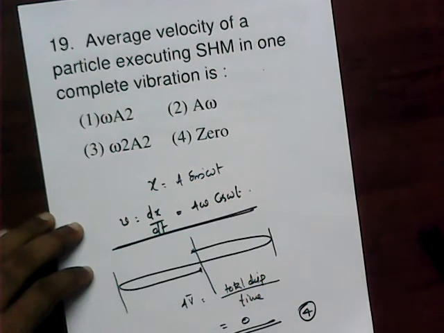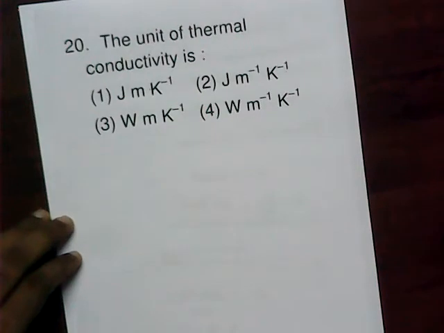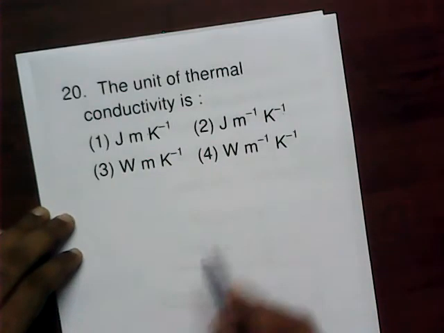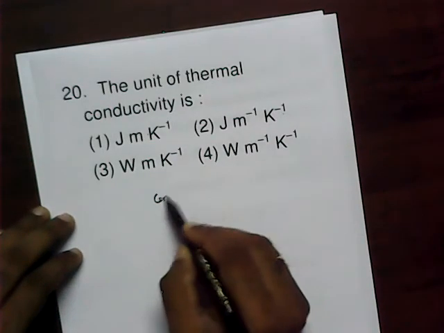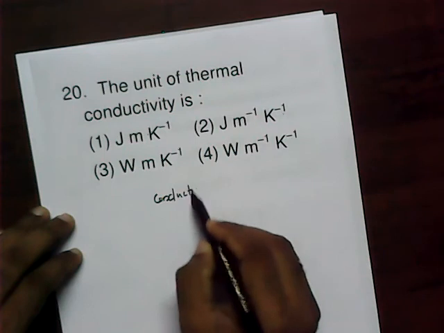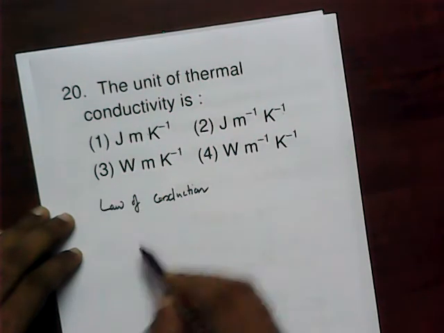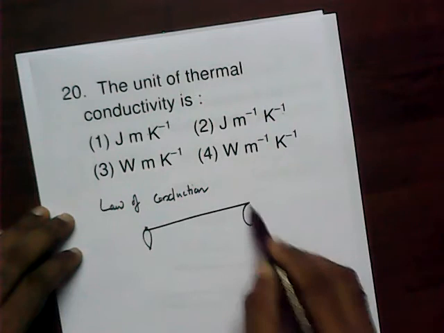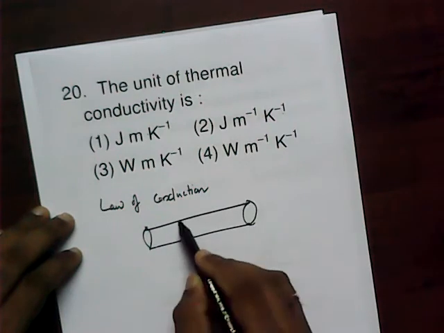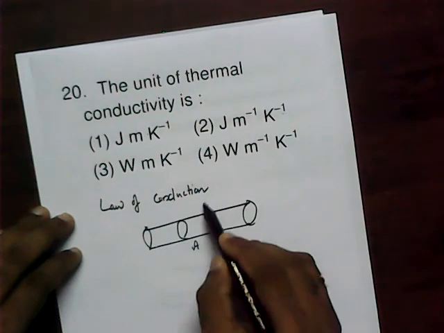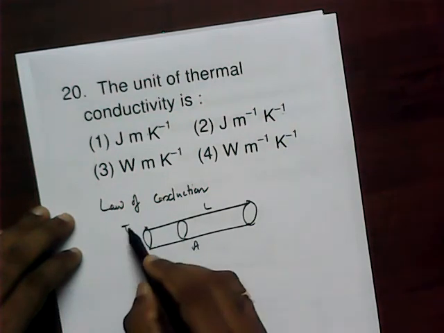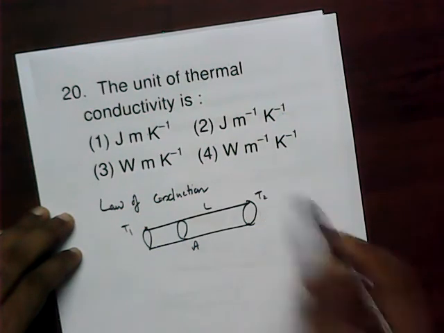A simple concept. Number 20. The unit of thermal conductivity. You should go through the conduction process, the law of conduction. Suppose we are considering a rod having area of cross section A, a length, with temperatures T1, T2.